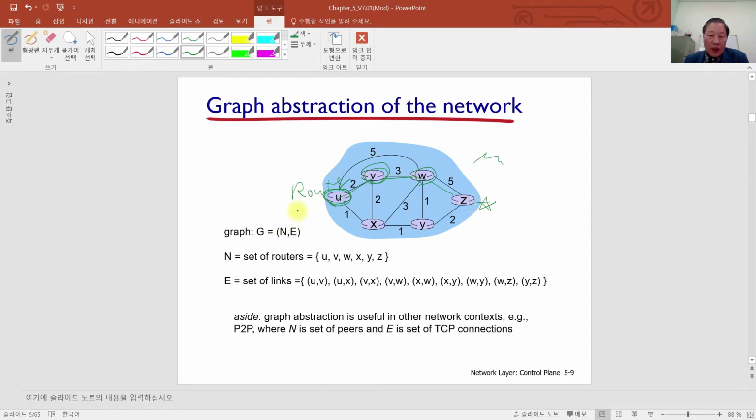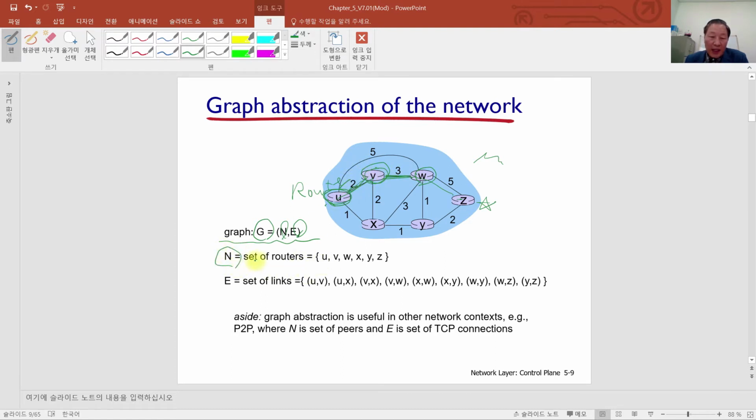And to analyze this, some theory, graph theory, was developed in the mathematical field by mathematicians. And this notation, a graph, is composed of nodes and edges. This is a node, and between them, this is an edge.